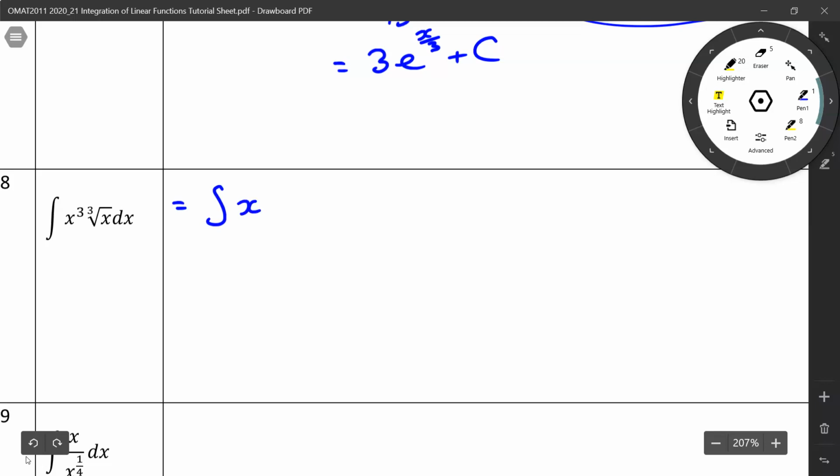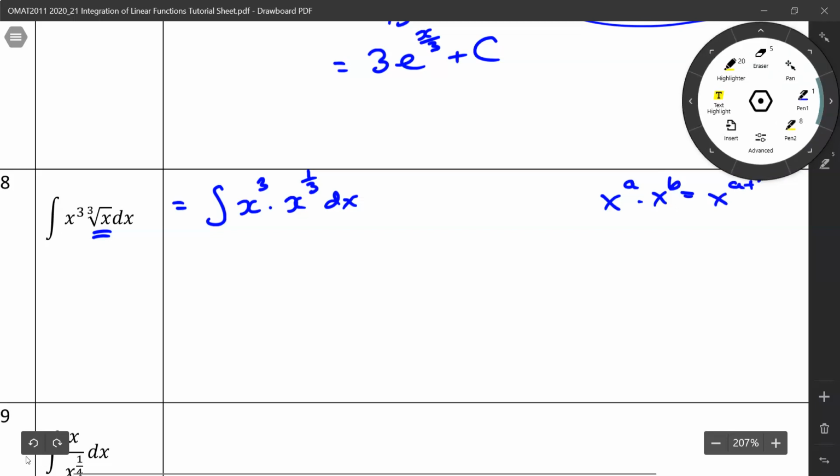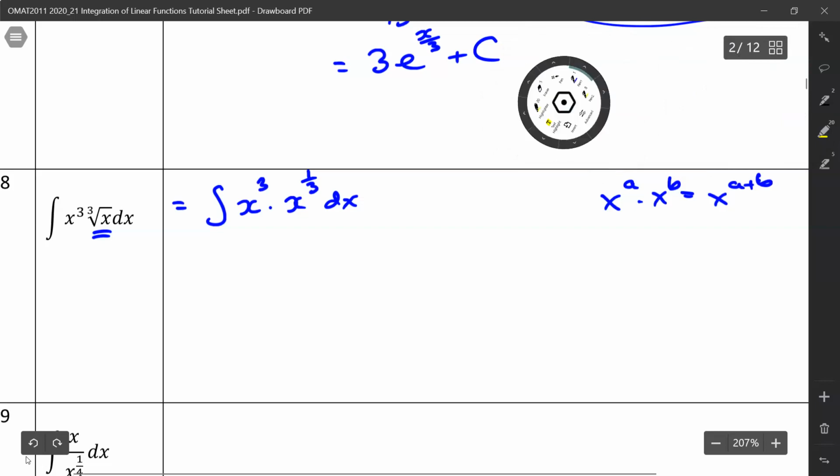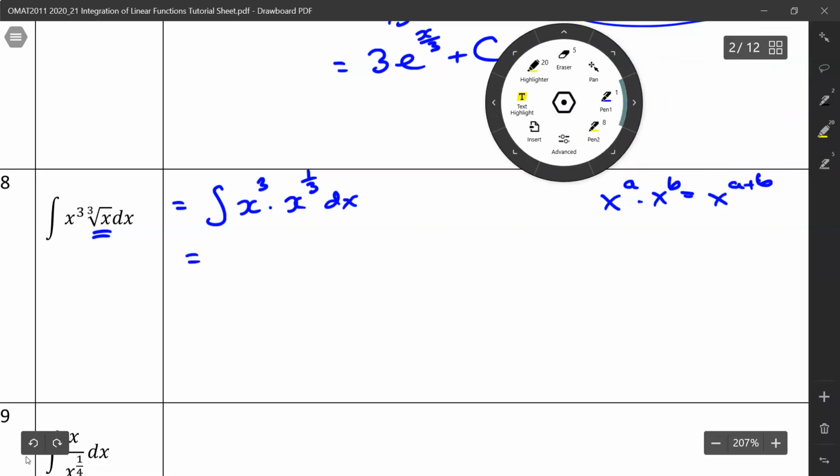And I'll put the x over 3 back underneath. That is equal to the integral of x to the power of 3, and we just rewrite this one as x to the power of a third dx. Now remember, x to the power of a multiplied by x to the power of b, you sum the powers, the a and the b. So we do the same over here. That gives us the integral of x to the power of 3 plus a third dx.